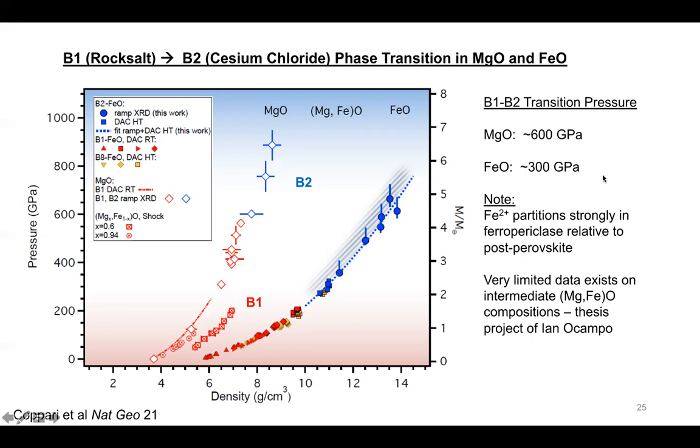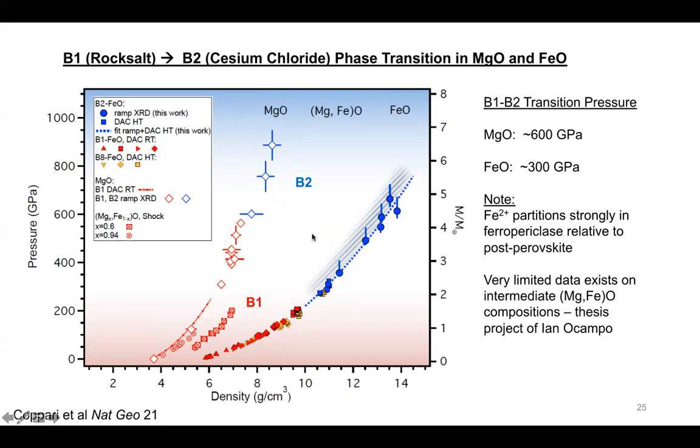I would also note the important role of iron, because if you look in the last 5 years or so between theoretical calculations and experimental studies, there's probably 10 papers on MgO, but very, very little work on iron oxide. I think Federica's work is one of the few, and almost no work on intermediate compositions.